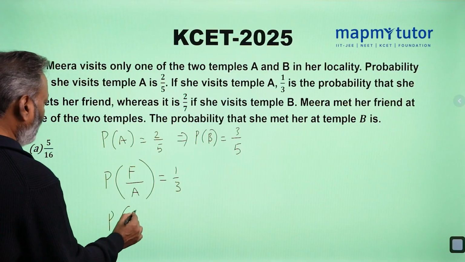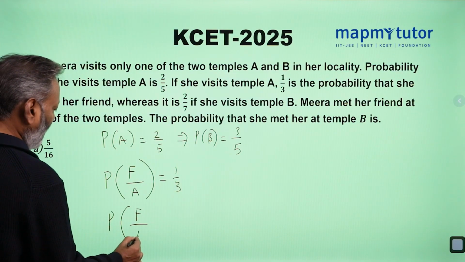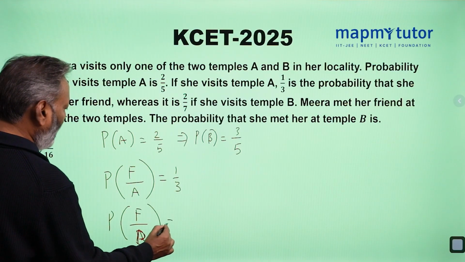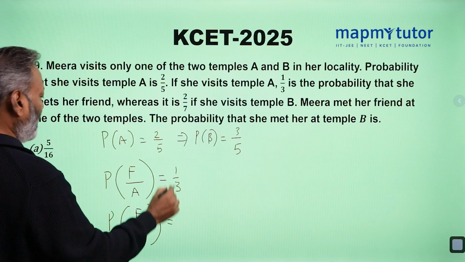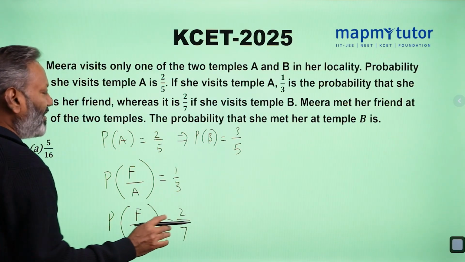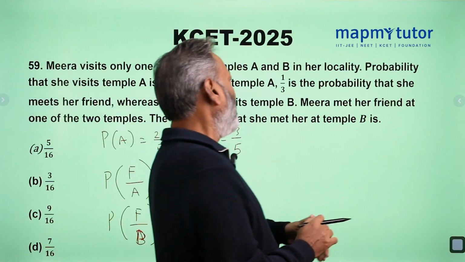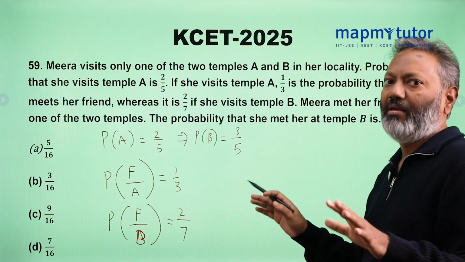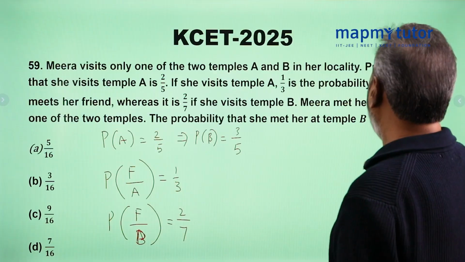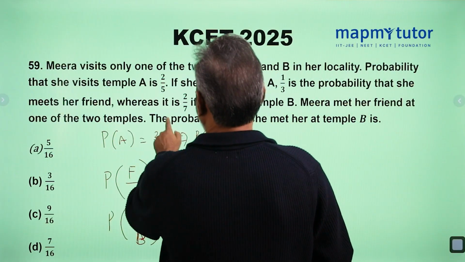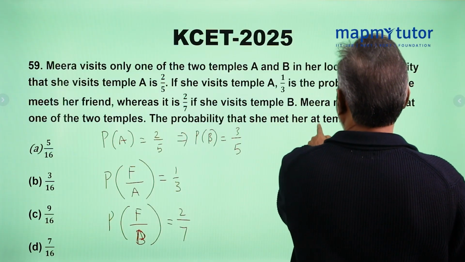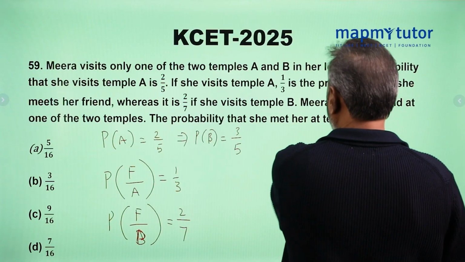And the same thing when she visits temple B, the probability of meeting her friend is 2 by 7. This is the data. Now, Meera met her friend. No doubt, it has happened. But what is to be calculated? The probability that she met her at temple B.